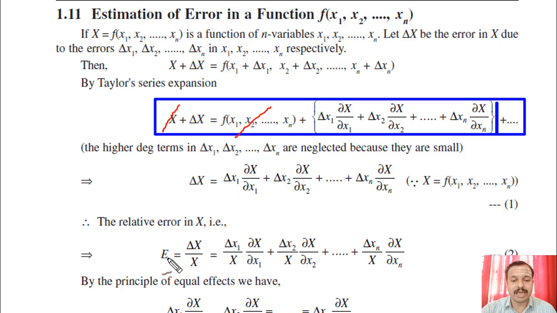So we write delta x divided by x here. Keeping the value of delta x from this step in the numerator, divided by capital X, gives us this expression on the right hand side of the relative error. Now we are using one important thing. And what is that important thing? I will show you.